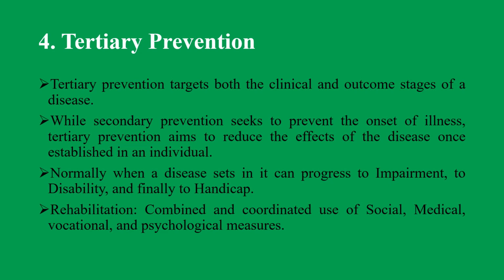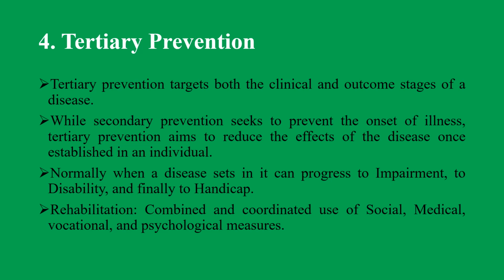Tertiary prevention therefore targets both the clinical and outcome stages of a disease. When we looked at secondary prevention, the aim was to prevent the onset of illness, so it was to prevent disease from ever occurring. But in tertiary prevention, the aim is to reduce the effect of the disease once it occurs.